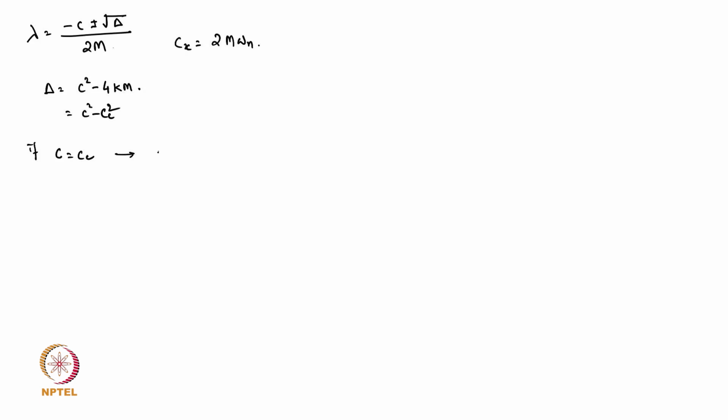C equal to Cc means delta is equal to 0. So my lambda has this solution, and please remember we cannot have a single solution of lambda, so both of the roots have the same solution. Lambda 1 and lambda 2 both have the same solution.